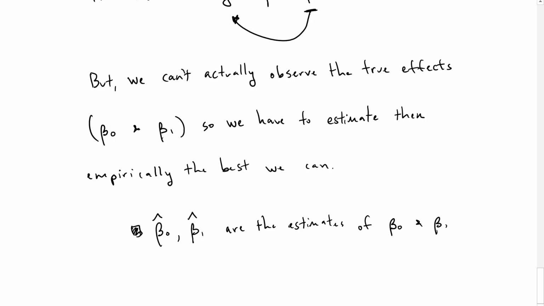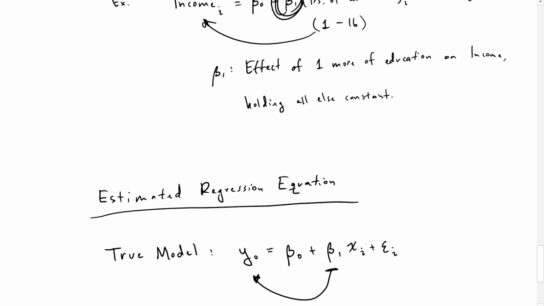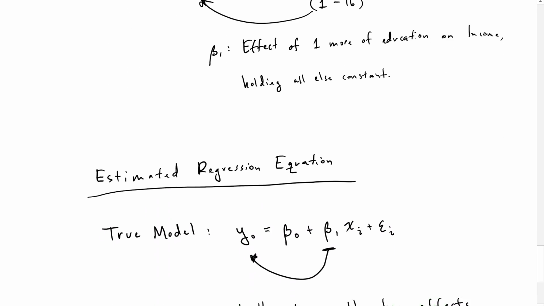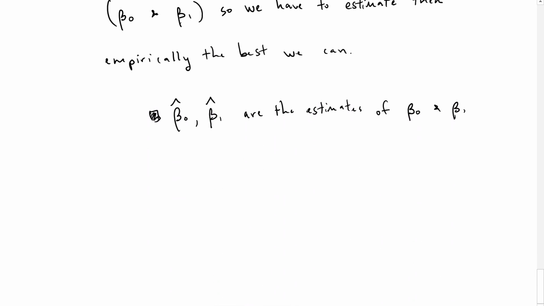Okay, so we don't know the true effect of health insurance on health, or the true effect of years of education on income. But we can try to find as close an estimate as we possibly can.